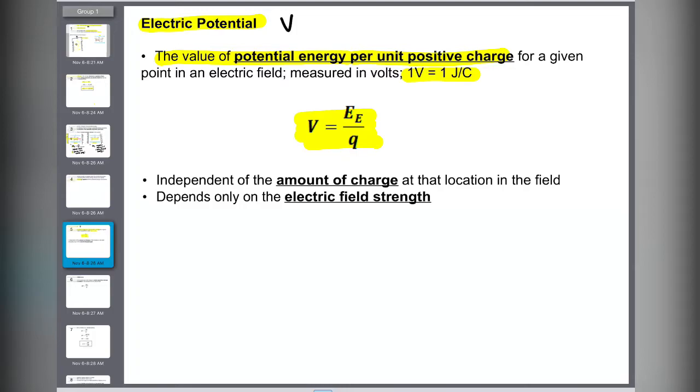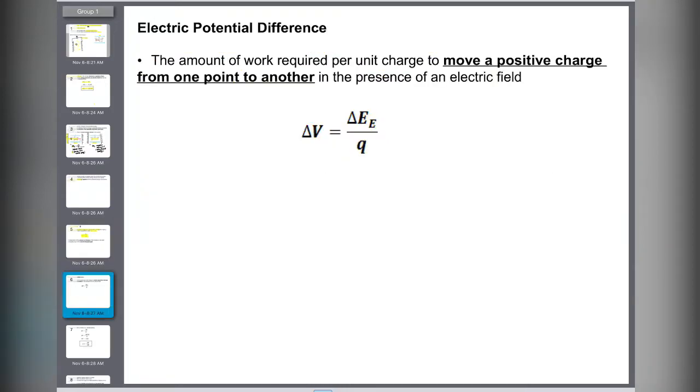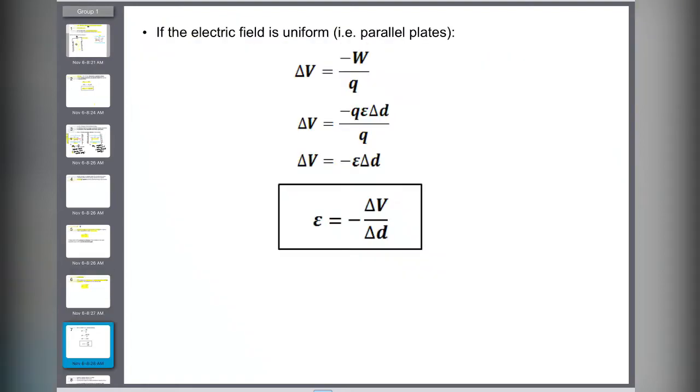Basically they're saying it doesn't matter how many charges, you only care about the field strength. And then potential difference is the change, the amount of energy that it takes for each charge to move a positive charge from one point to another. So if you're changing where you are in the electric field, you will be able to feel the potential difference.